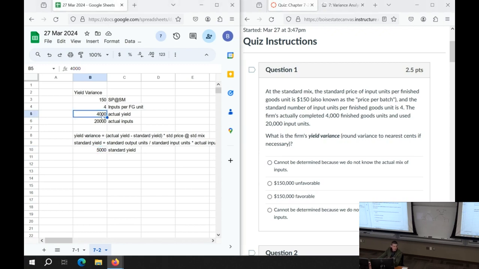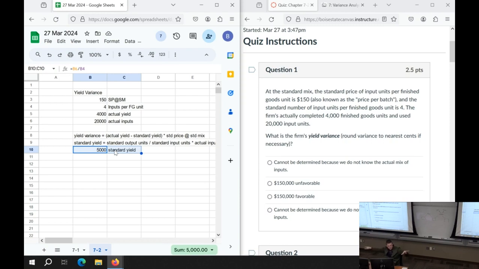Okay, what do we actually do? The actual yield. So before we get any calculations, does this look favorable or unfavorable? It's unfavorable. I think I heard both out there. Your normal instincts for 7-1 is, well, actual is lower than standard, so clearly it's going to be favorable. If you're talking about number of inputs or the price of those inputs, yes, if the actual were higher than you expected, that's bad. Here we're talking about outputs. We expected to yield 5,000 outputs given our fixed inputs.